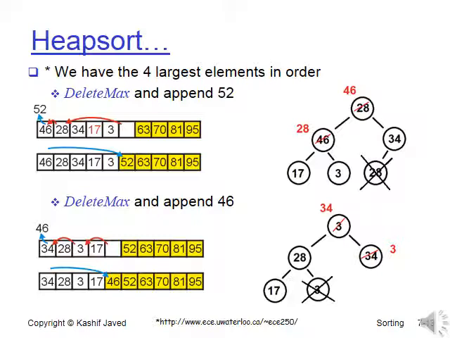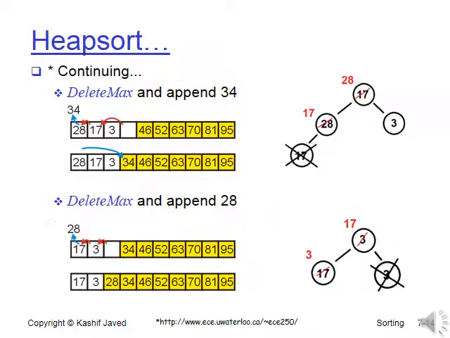Number 46 at the root node will be replaced by the last leaf node, which is number 3. We delete leaf node 3 and put 3 into the root node. 3 once at the root node will get swapped by 34 since 34 is larger than 28.